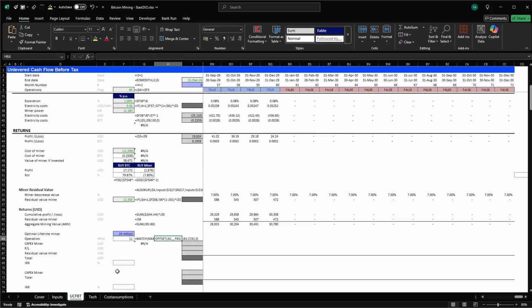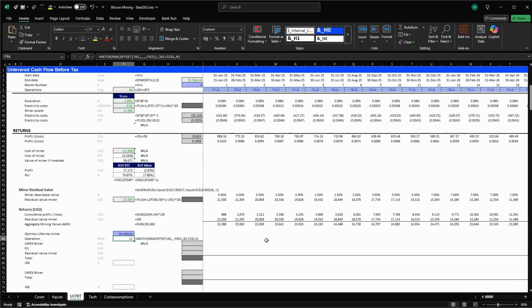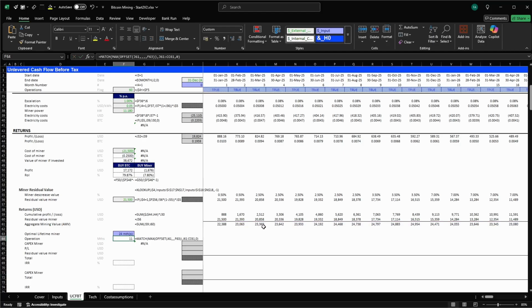So on the max offset, I'm getting the maximum value, and then the match returns in which position this maximum value is, which is position number 11. So that's when we need to sell our miner now. That's basically what I need.